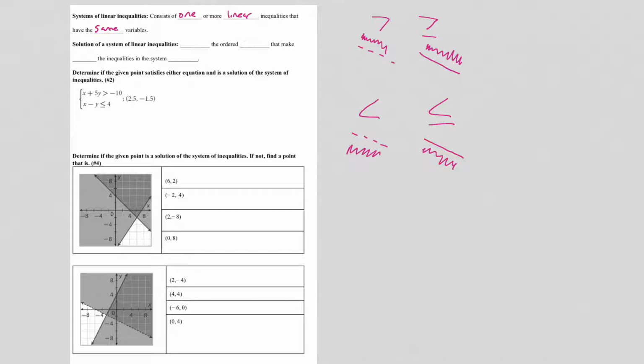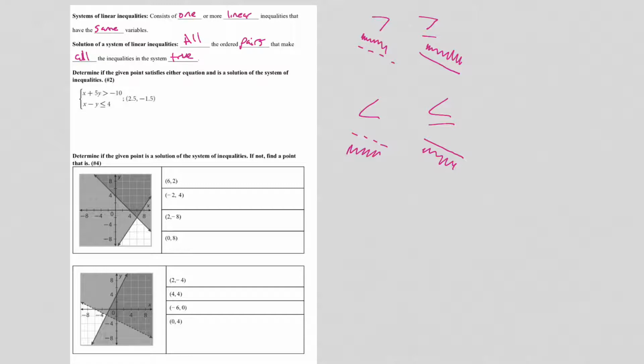Solution of a system of linear inequalities is all the ordered pairs that make all the inequalities in the system true.